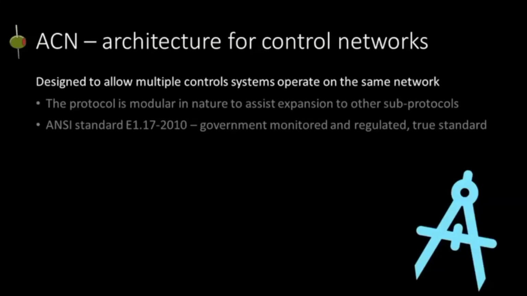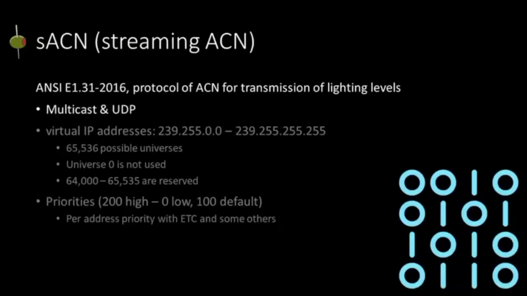That's the intent. And you'll see more and more sub protocols coming out of this standard as time goes on. The first to be ratified was streaming ACN, and streaming ACN is getting lighting levels across the network. You know, it's DMX over ACN.